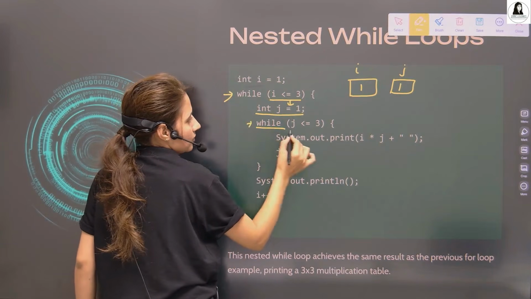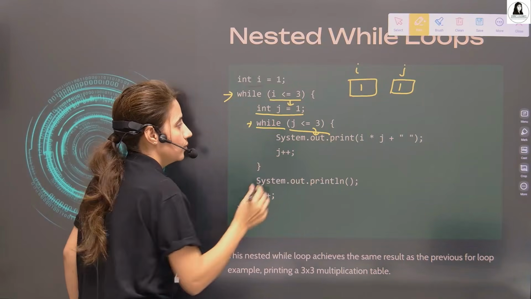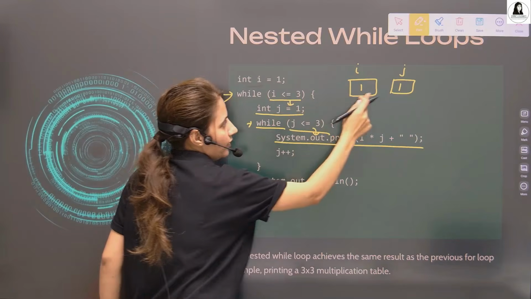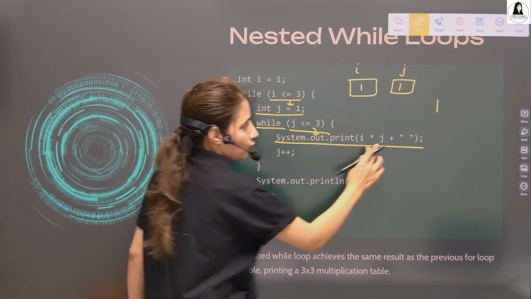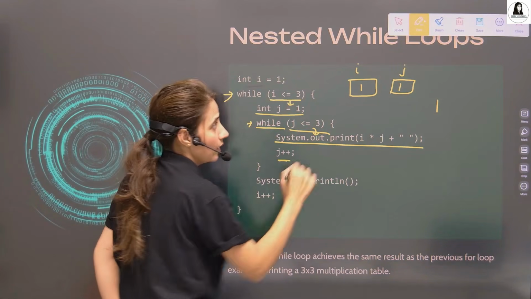Is this condition true? Yes. Again enter within this loop. Print i into j. 1 into 1, that is, it would print 1, with one space added. Now j plus plus, j becomes 2.